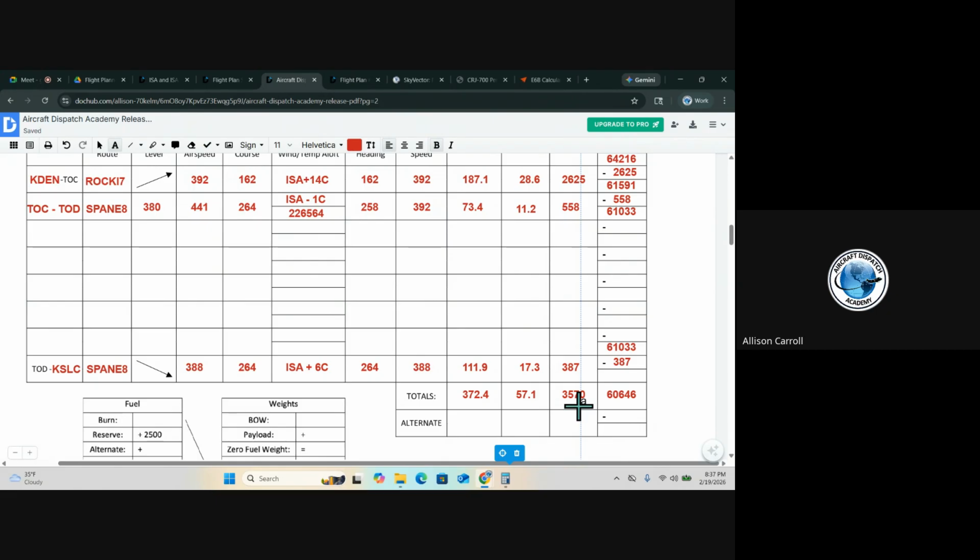In real life dispatching, you do estimates first, and then the computer looks at it and considers these en route winds and all the different changes en route, and it spits back the actual fuel and the actual time. So your ETA updates after the computer computes everything. Okay, real life dispatching right there.